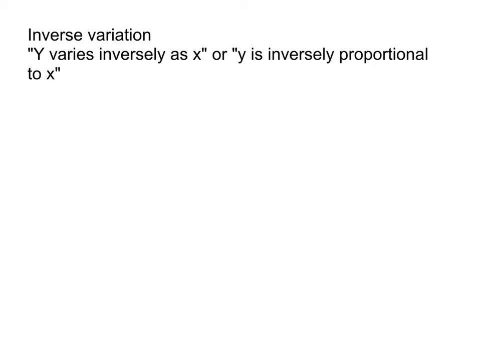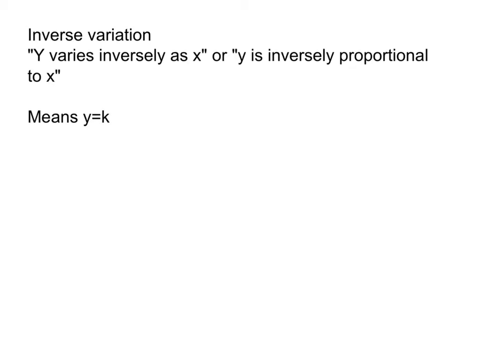And when we look at this, this means that y is equal to k, some constant of variation, times 1 over x in this case. Another way that you could see this, you would also be able to say that y is equal to k, our constant of variation, over x.